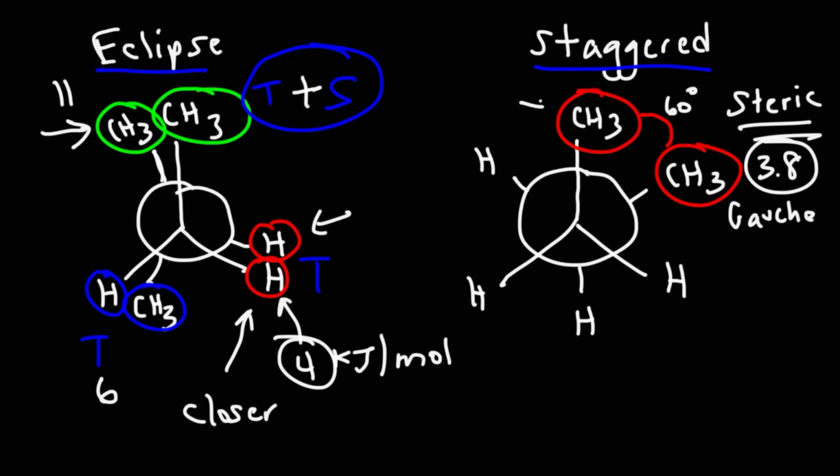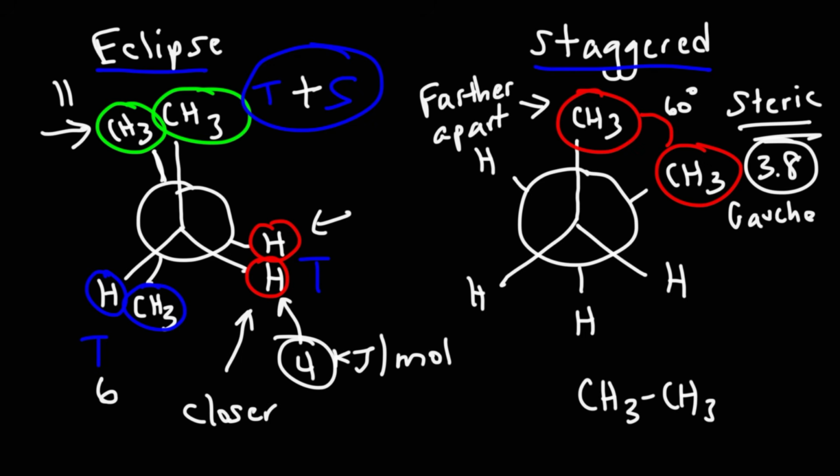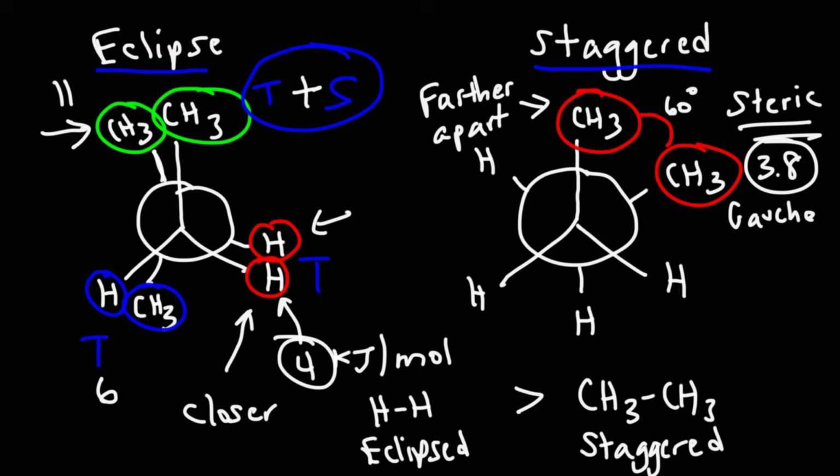These atoms are bigger, but the bonds and the atoms, they're farther apart. And so that's why the two methyl groups in a staggered interaction have less potential energy than the two hydrogen atoms in the eclipse interaction, because in the eclipse interaction it's much closer compared to the staggered interaction, even though we're dealing with two bulky groups.